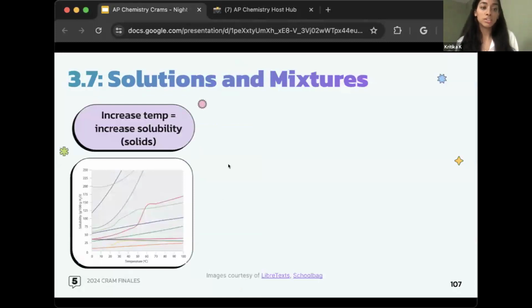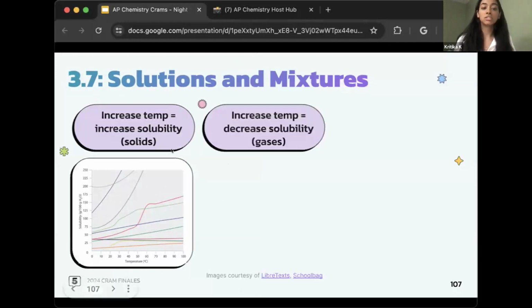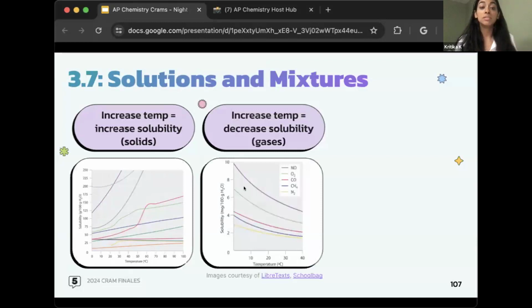If we increase the temperature, we're basically letting the molecules in the solution move faster. And if they move faster, they have a higher chance of running into each other and reacting, which in this case would be dissolving. So increasing the temperature increases the solubility of solids. If you increase the temperature, you will end up decreasing the solubility of gases.